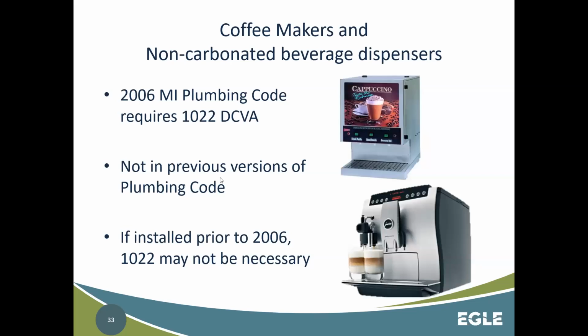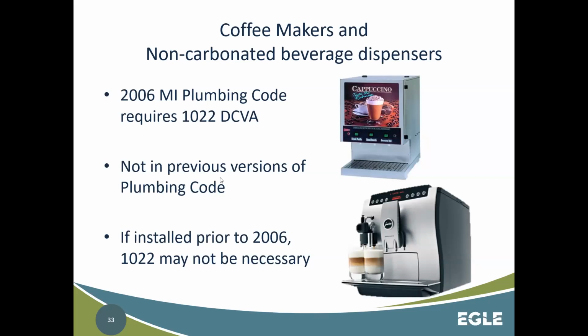So again, some of our other beverage dispensers, things like coffee makers. The 2006 plumbing code update required that it has that 1022 double check valve assembly. It was not called out in previous versions of the plumbing code.